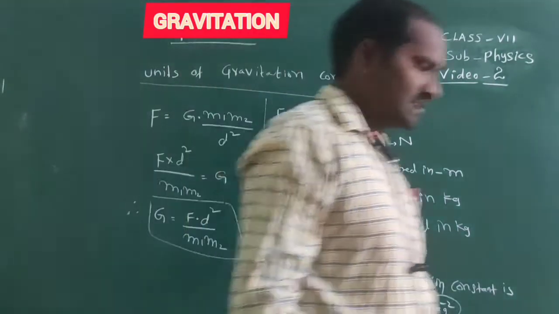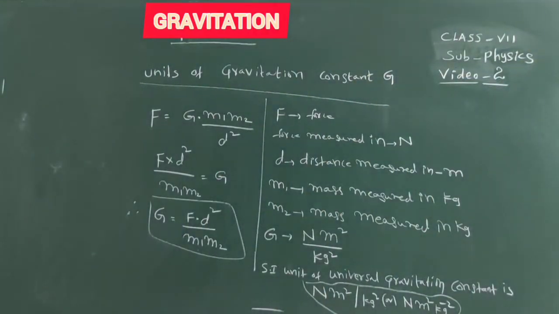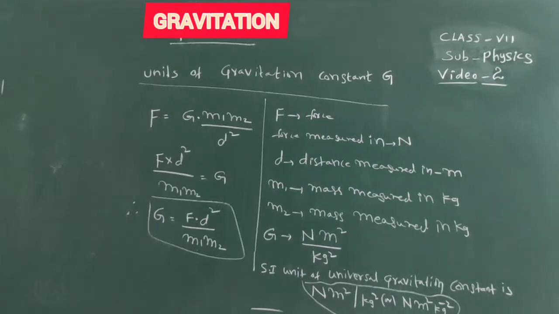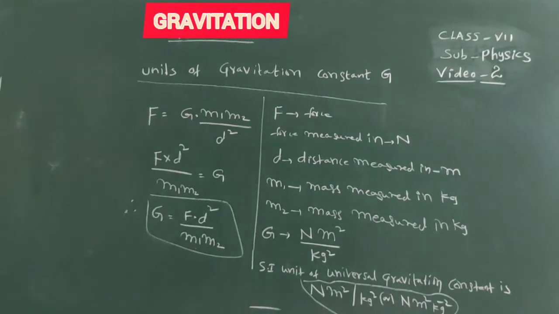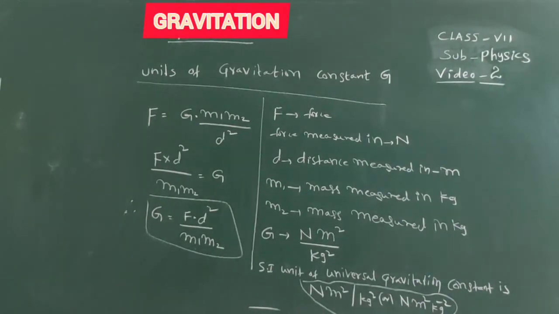These are the SI units of universal gravitational constant. Listen, I'm writing here.